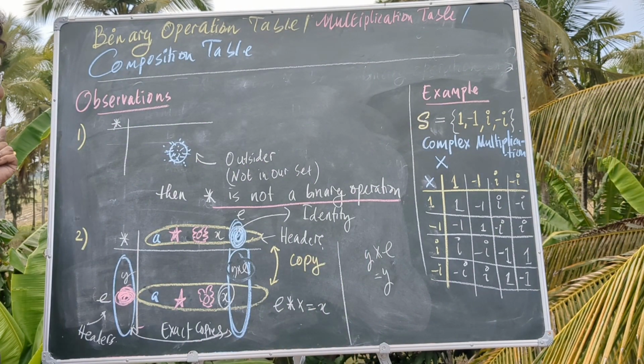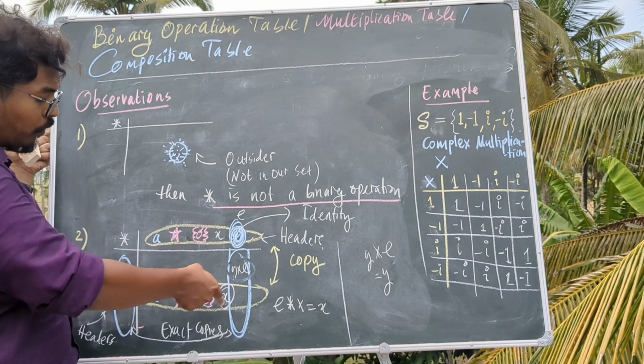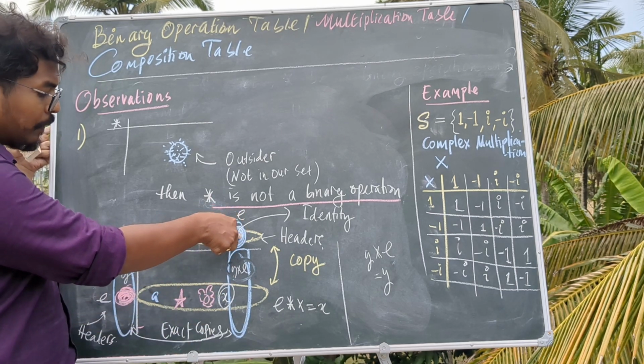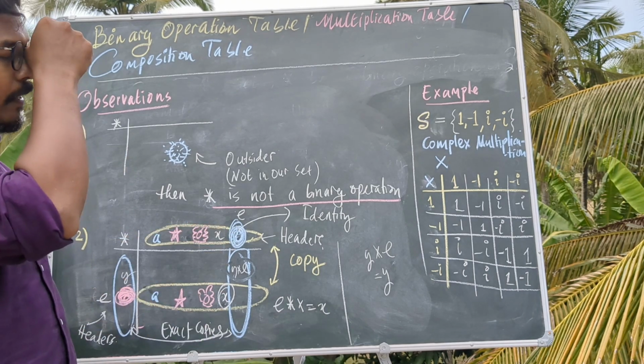So if we have one exact copy of the headers in the row and in the column, and we check the headers, if these headers are the same, then that element will act as identity.